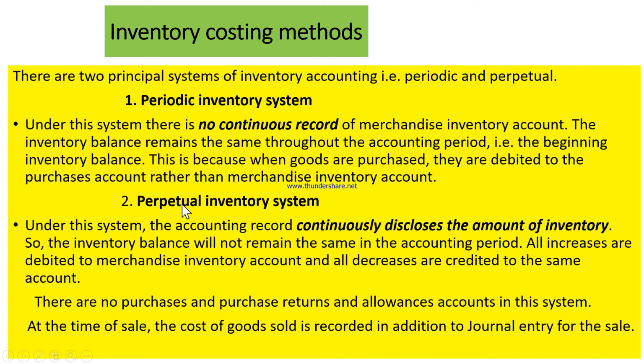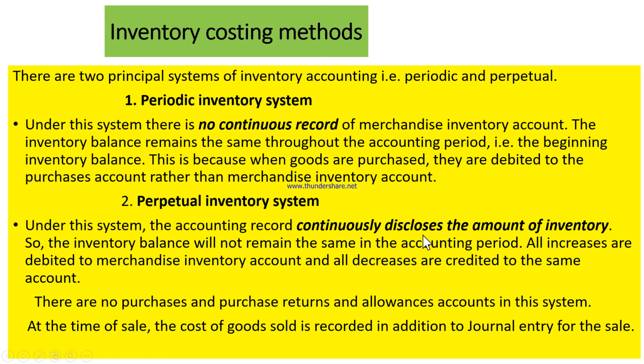The next inventory system is the perpetual inventory system. Under this system, the accounting record continuously discloses the amount of inventory, so the inventory balance will not remain the same. This is the difference between the perpetual and periodic inventory systems.